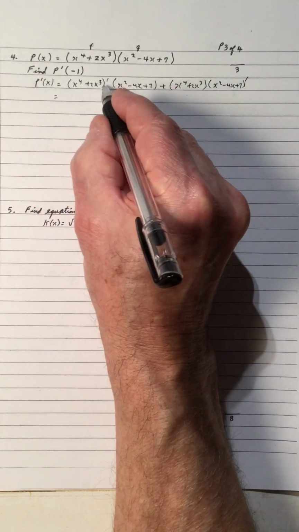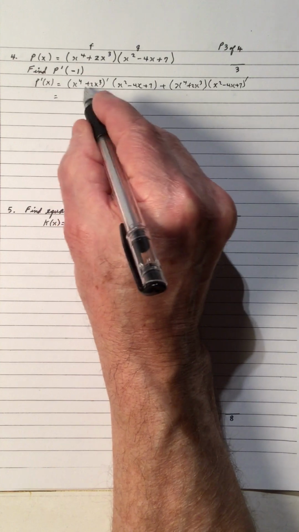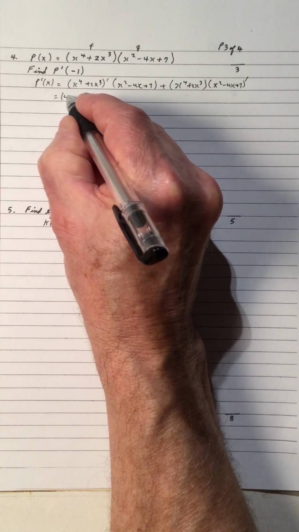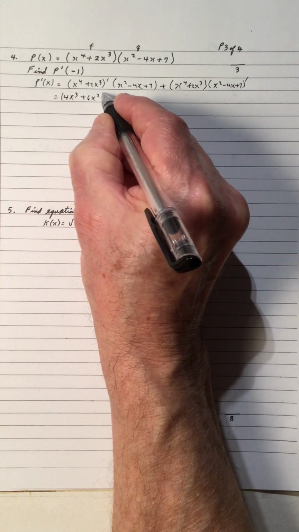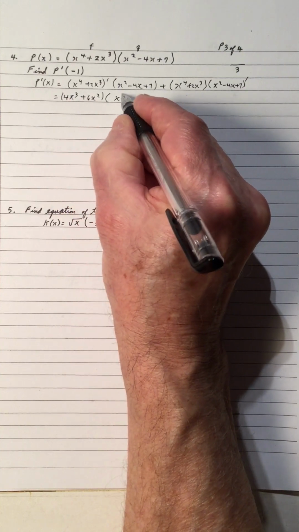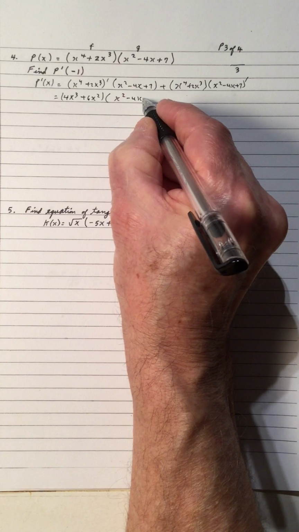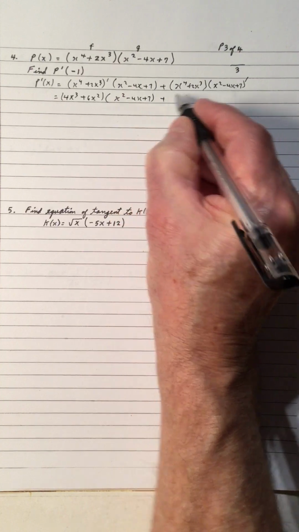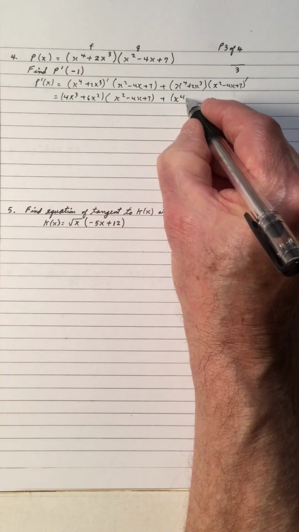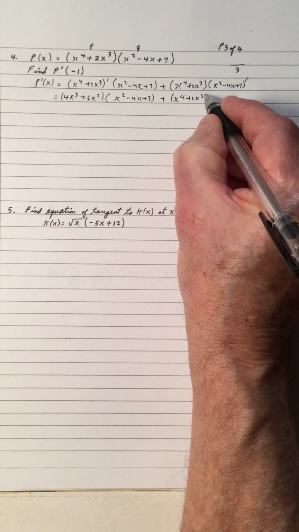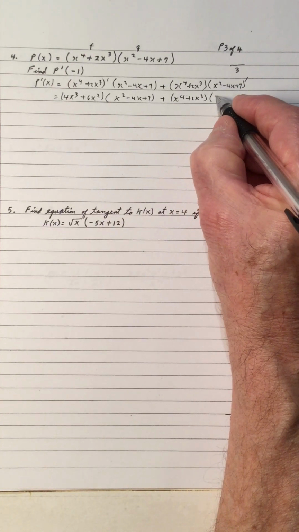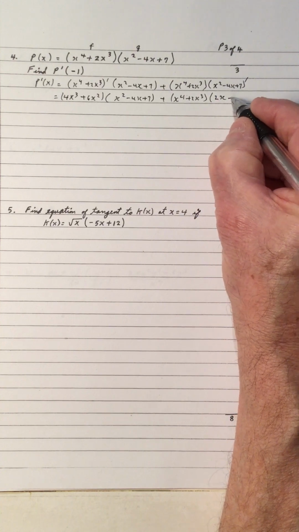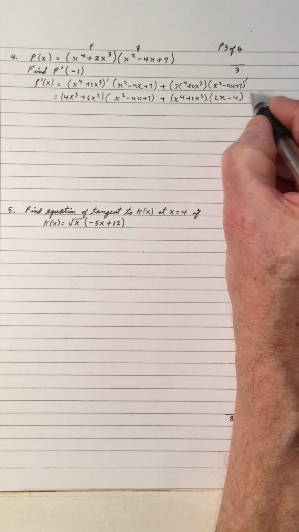And we take our time. Derivative of this polynomial is 4x cubed plus 6x squared times x squared minus 4x plus 7. And we have x to the 4th plus 2x cubed. And the derivative of this trinomial is x squared is a 2x, negative 4x is negative 4, derivative of 7 is 0.